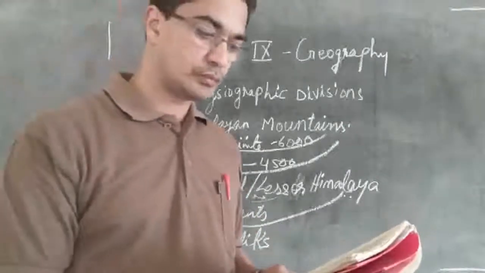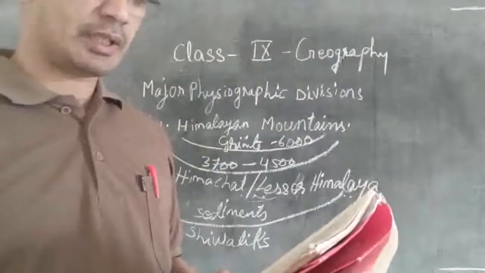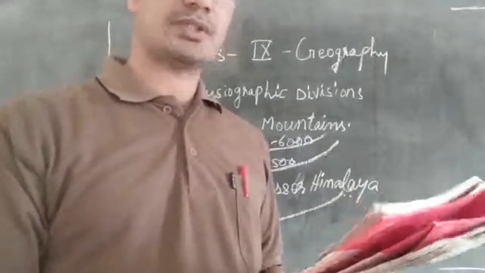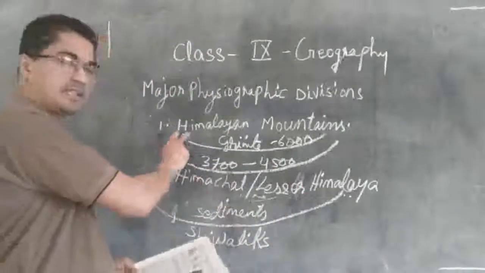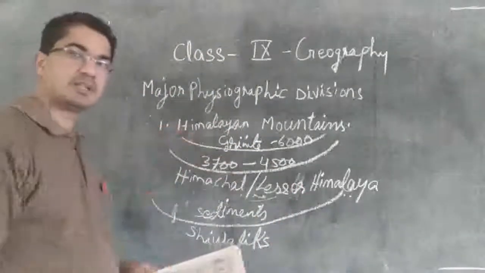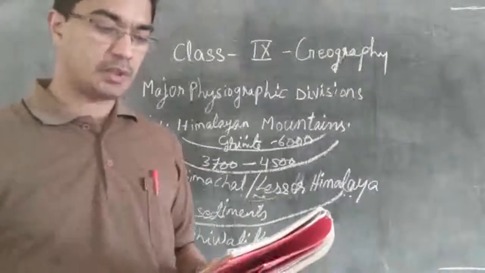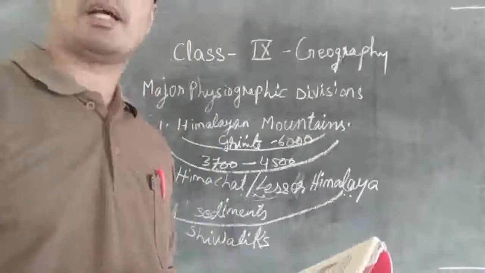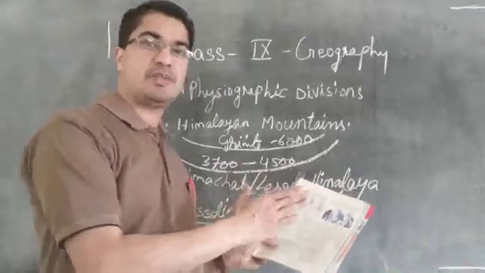Then it is also regionally known as Kashmir and Himachal Himalaya from west to east respectively. So in the western side, that is the highest side, people call it Kashmir Himalaya, and as we come down, people call it by another name, Himachal Himalaya. So the area that is in Kashmir, people call Kashmir Himalaya.